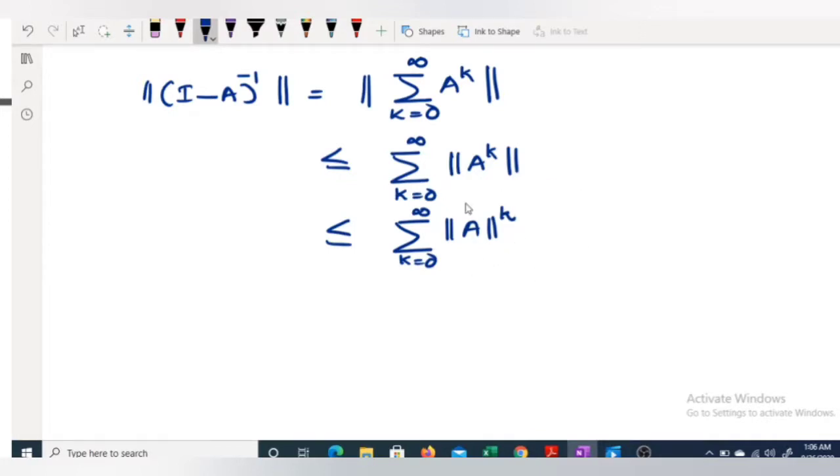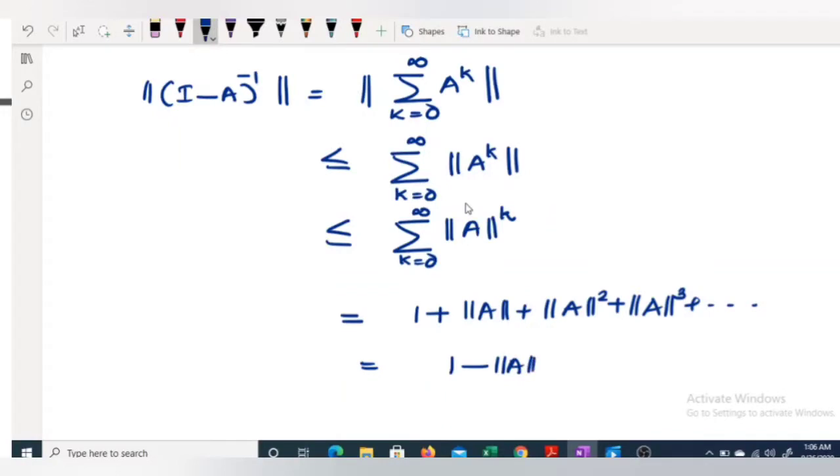So this is actually a geometric series. And what about the sum? This is of the form 1 plus norm of a plus norm of a square plus norm of a whole cube plus etc. And this is same as 1 by 1 minus norm of a, because norm of a is q and q is less than 1.